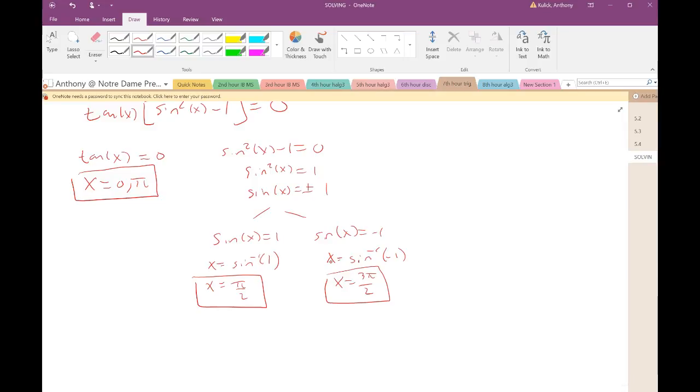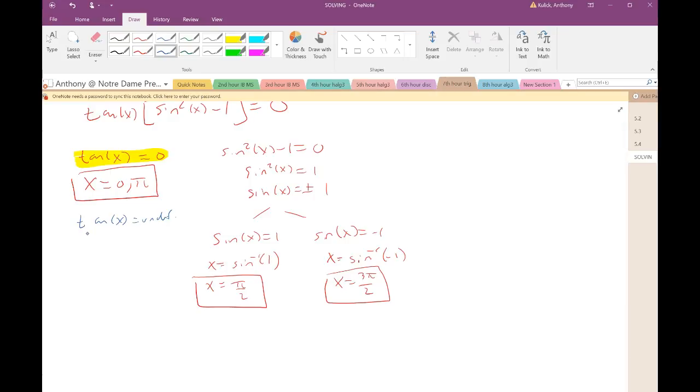And then I have to be a little bit careful here. Why do I have to be careful on this one? Because of the tangent. I have to worry about where tangent is undefined. Remember that tangent is y over x, sine over cosine.